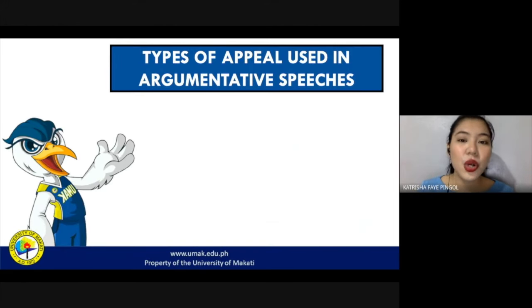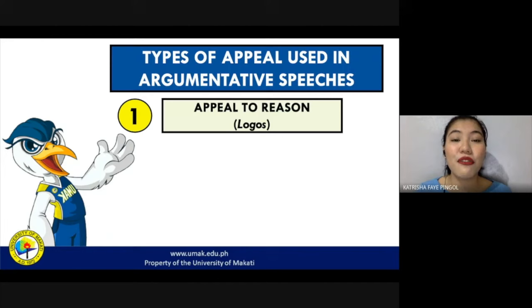And since your goal in argumentative speeches is to make your audience believe in whatever it is you're saying, okay, influence them to side with you, you need to make use of different appeals. In philosophy, we actually have three. The first one is what we refer to as logos, or appeal to reason. You are appealing to reason.